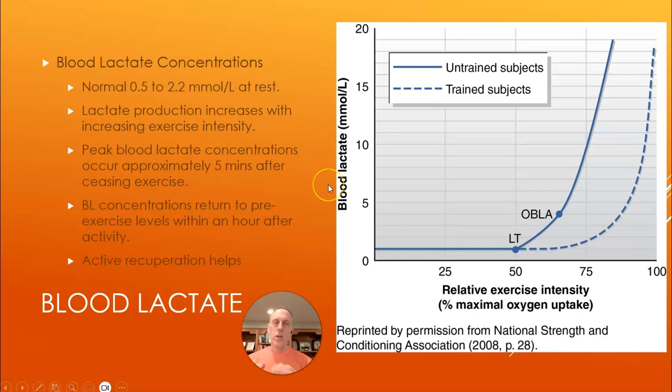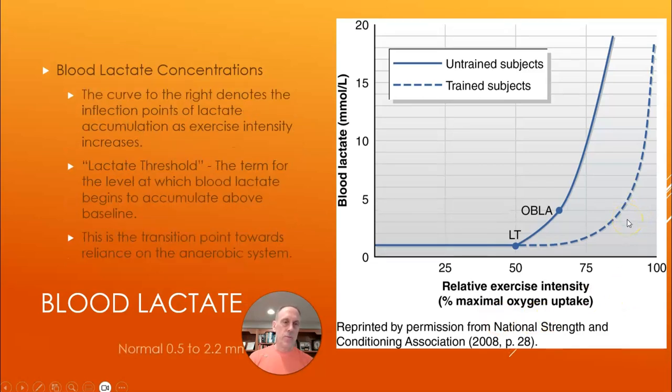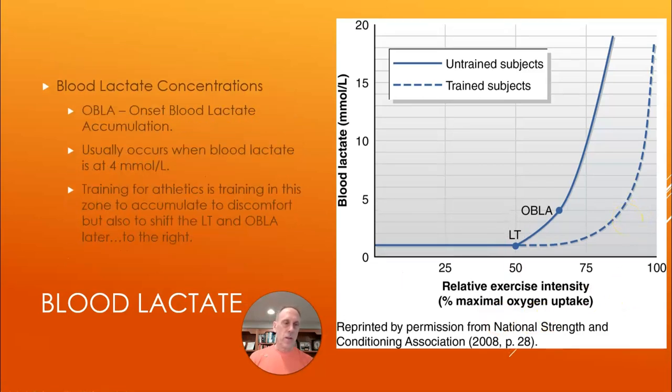And then lactate production increases with exercise intensity, but you see that this onset blood lactate accumulation happens in untrained subjects at roughly about 60% of maximal oxygen uptake, and individuals who are in better shape, that pushes the curve to the right and gives us a different plot point on our graph, and that individual is closer to like 80%.